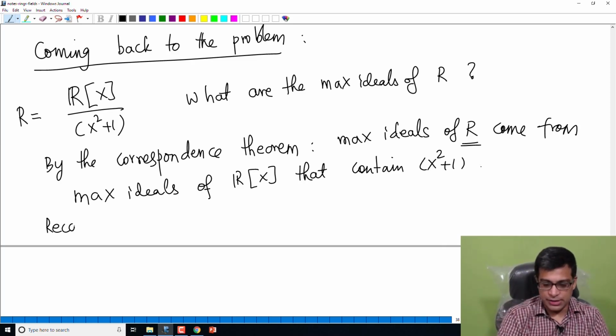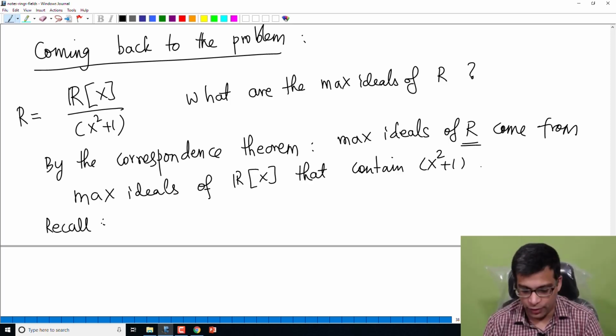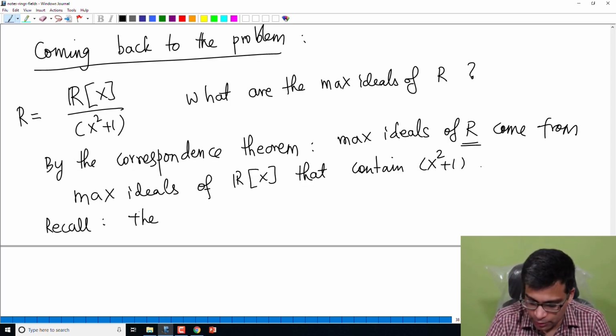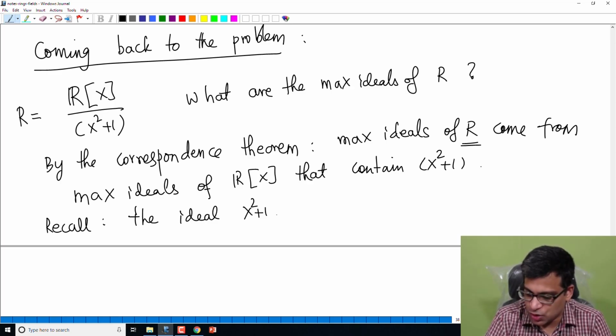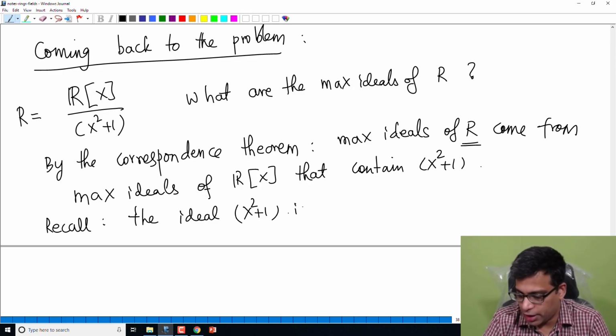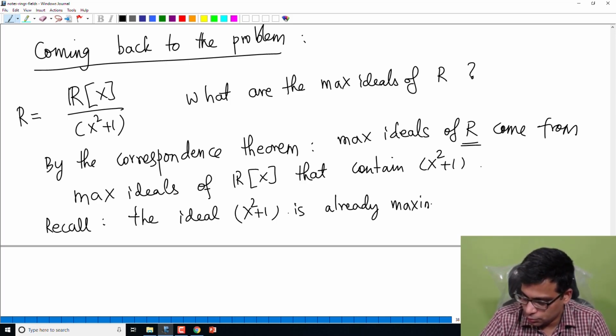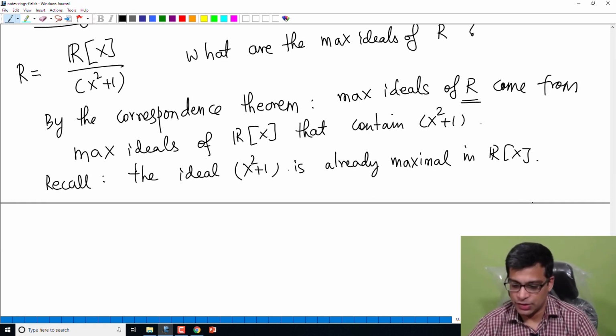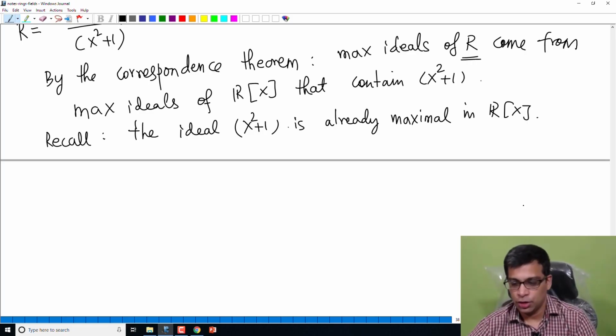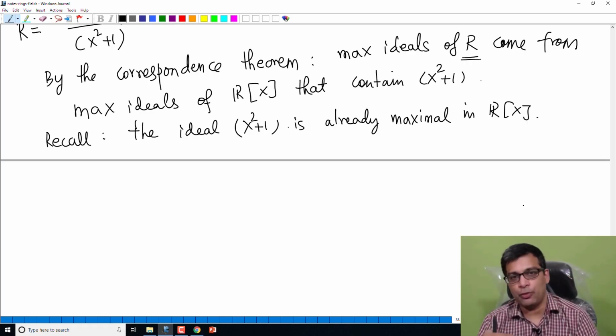But now recall, this is something I have done at least in two different ways in previous videos. The ideal generated by x squared plus 1 is already maximal in the polynomial ring in one variable over the real numbers. So this I have checked in fact for you. So that means there is only one maximal ideal that contains x squared plus 1 in R[x], namely the ideal itself.